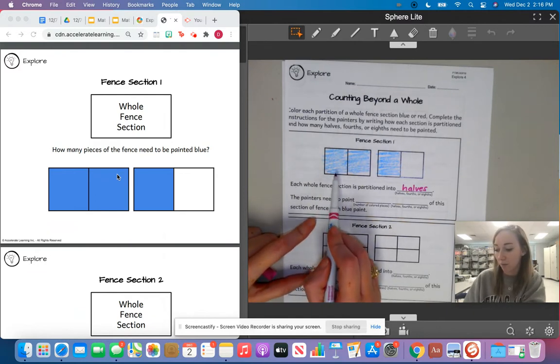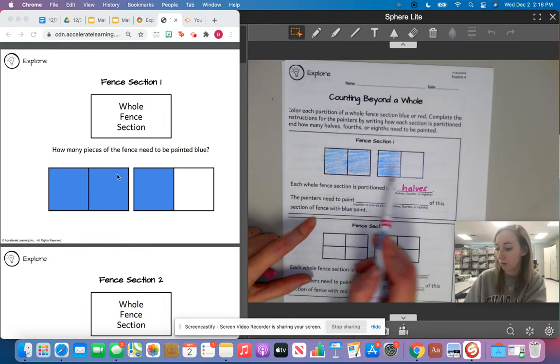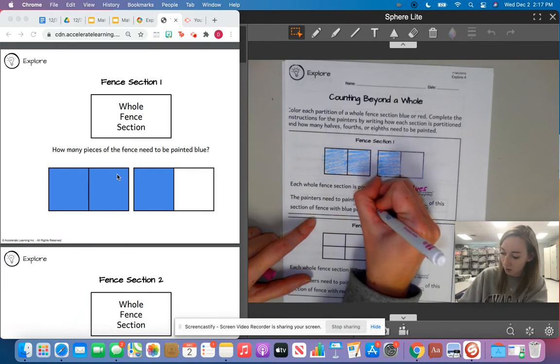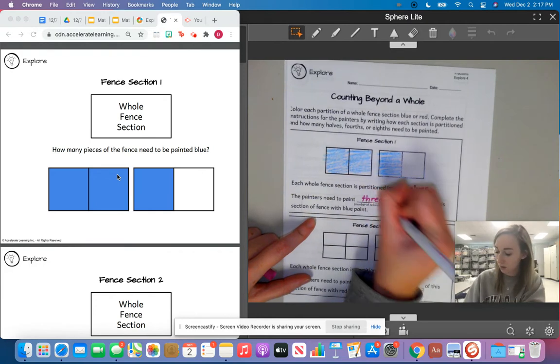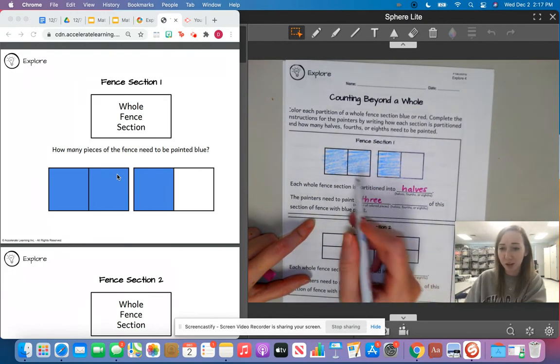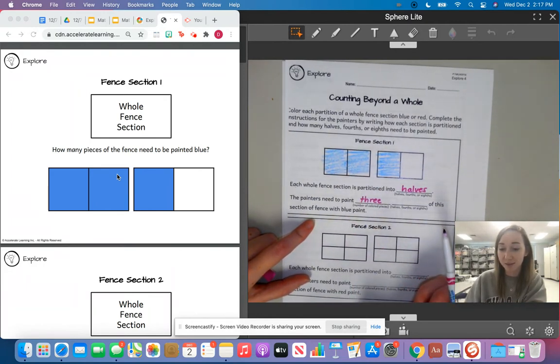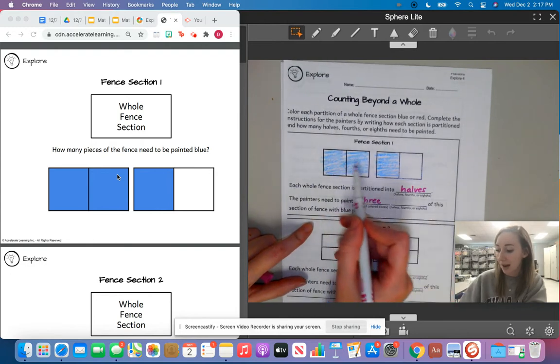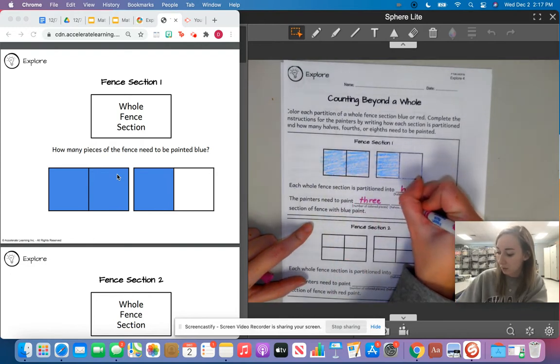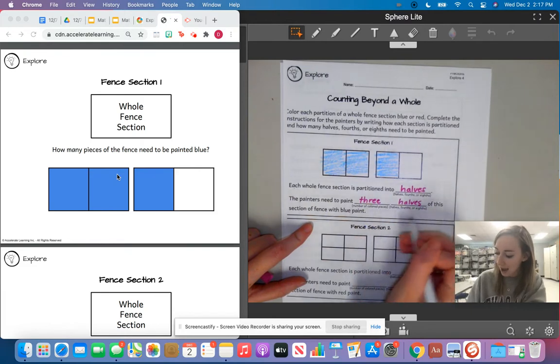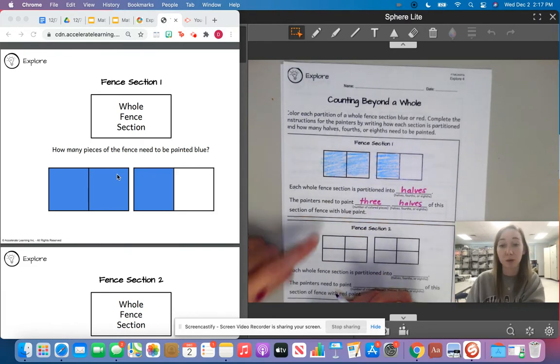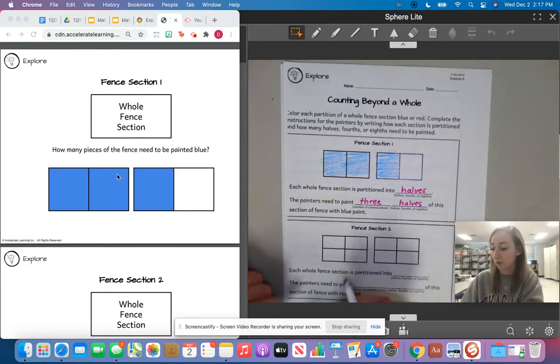Well, we have 1, 2, 3 right here. 3. And are we talking about fourths or eighths? No, we are talking about 3 halves. So the painters need to paint 3 halves of this section of fence with blue paint. 3 halves.